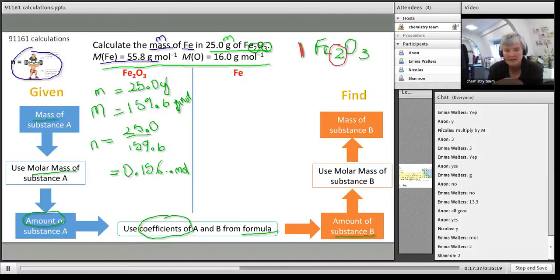So for every one Fe2O3, I've got twice the amount of Fe. So I can say my nFe is going to be twice what I had calculated on the other side. So it's going to be twice 0.1566 and so on. So keep all those figures in your calculator and just simply multiply it by 2.